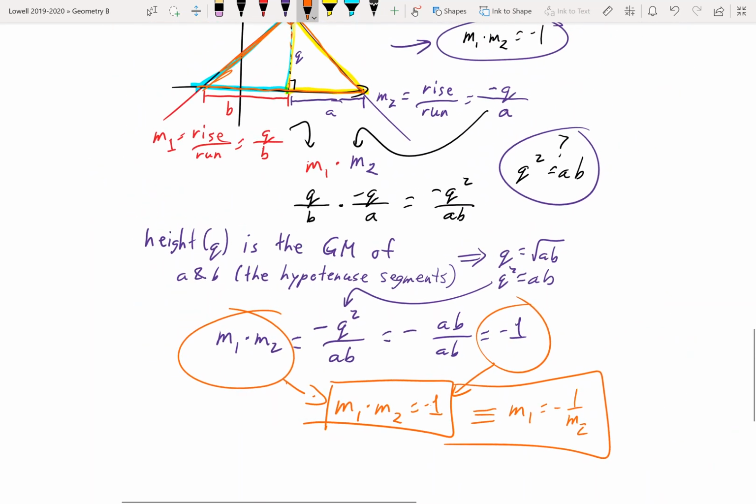Hopefully that proof made sense. Now we know why, if two lines are perpendicular, then their slopes are negative reciprocals. Another way to say that is the product of their slopes is negative 1, and that's the way we proved it. But again, those two equations are equivalent, so it did not matter whether you end up with one or the other.